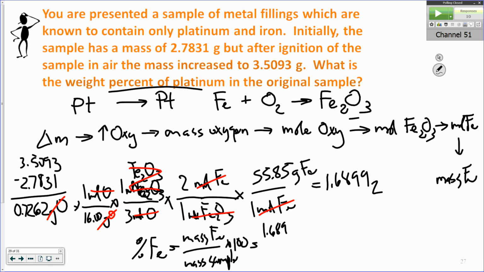And the sample weighed 1 times 100. Those are both grams. You take the actual mass, and you divide it. So I took the mass of the Fe divided by the mass of the sample.